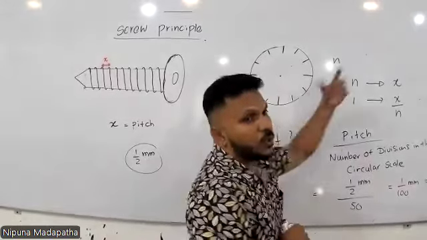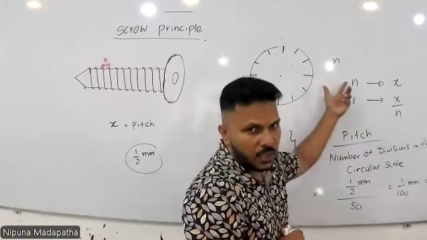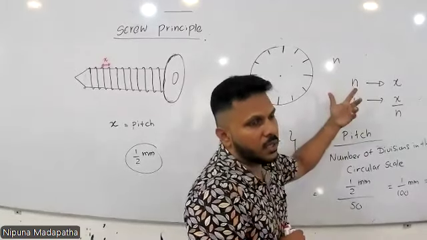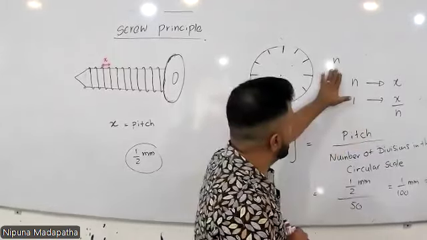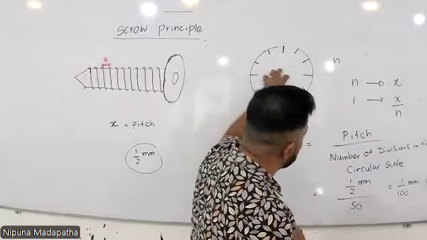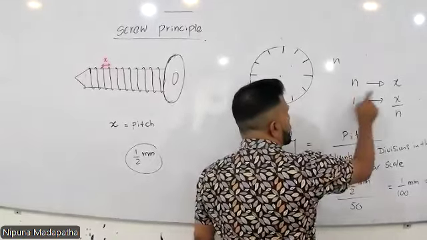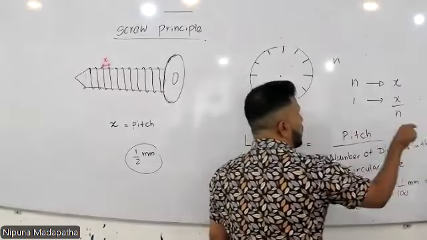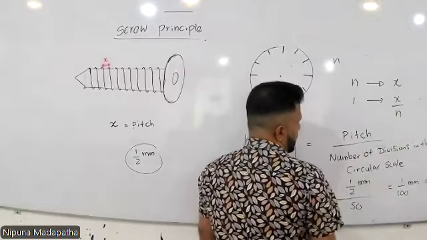This n can be 50 or 100. Typical micrometers, this is 50. For typical barometers, it is maybe 100. So this is the number of n parts it has in the circular scale. If you turn this n number of divisions, the screw advances some x millimeter distance.